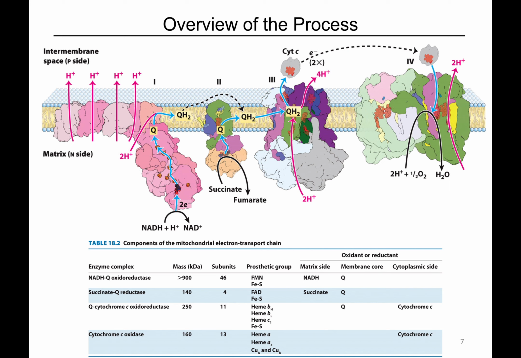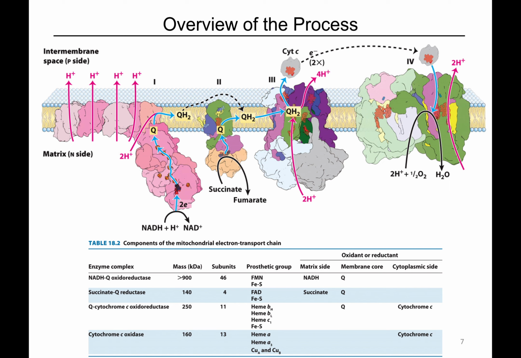Okay? So if the electron origin is NADH, we start at complex 1 and we get these extra 4 protons that are pumped. If the origin of electrons is the FADH2 produced by succinate dehydrogenase, then we lose out on those 4 protons. And remember, it's pumping protons that ultimately yield ATP. Okay, that becomes really relevant.